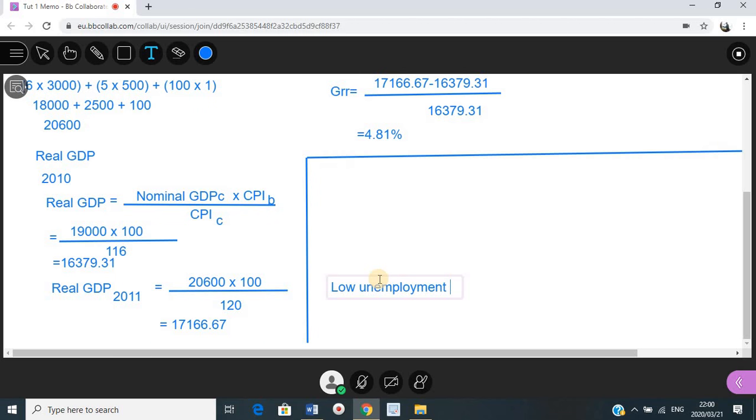If there is no labor supply and the firms keep demanding labor, their negotiation in terms of wage setting increases. So let me just say here, this low unemployment gives some sort of power to workers, workers' power.